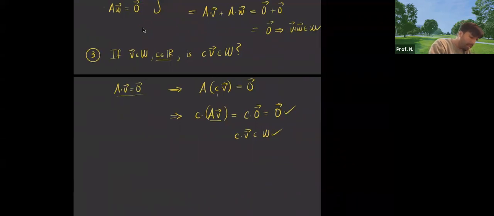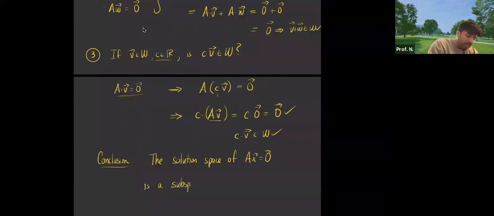We say that W, I should say the solution space of AX equals 0, is a subspace of Rn.